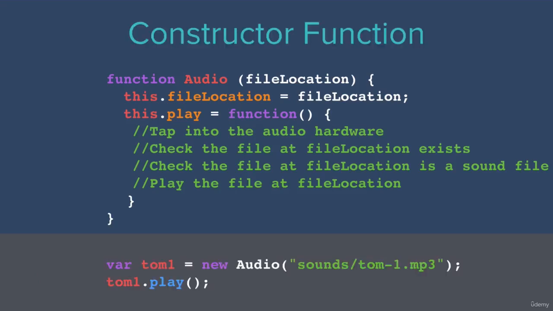And all we had to do was to use that constructor audio to create a new audio object specifying the location of our audio file. Then we simply called the method that was associated with that new audio object and got it to play that sound.